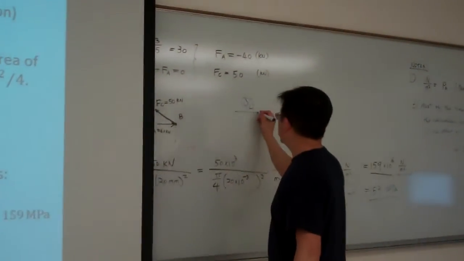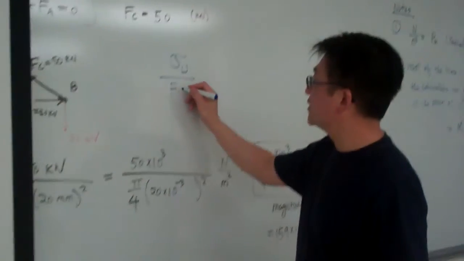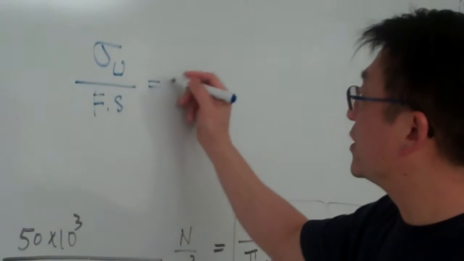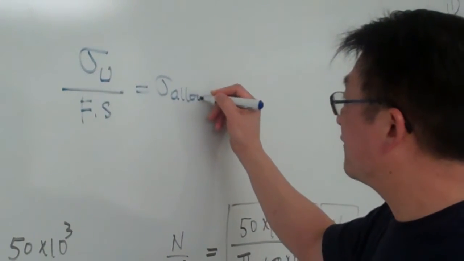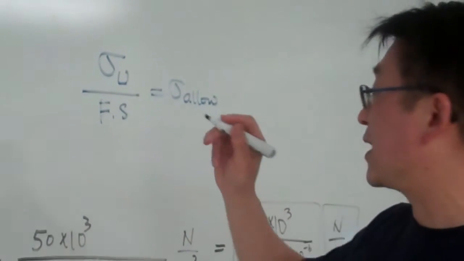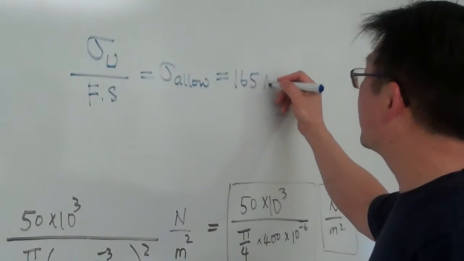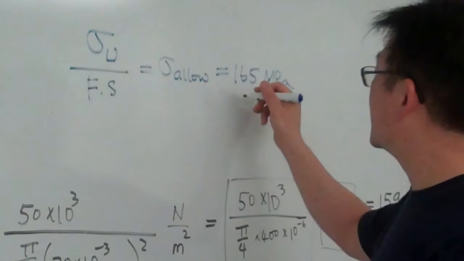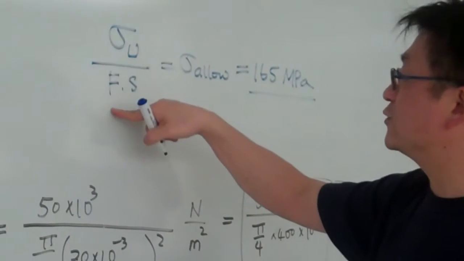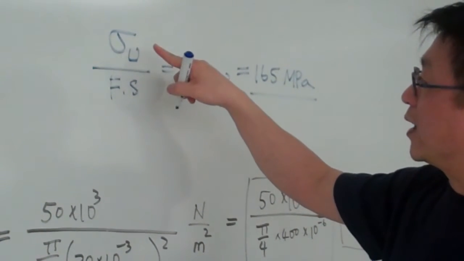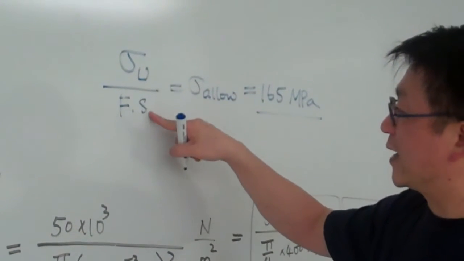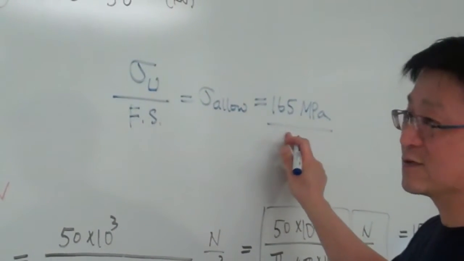With sigma u and our factor of safety defined, this will be our allowable stress by definition. For this design, this value is 165 MPa, which is the result of this calculation. For this example, probably we are not given this value, but we are given this value.